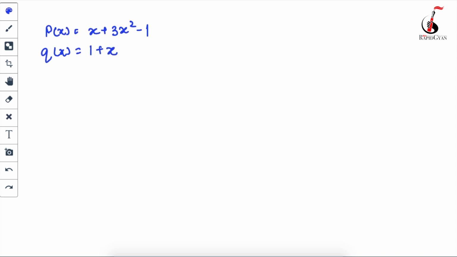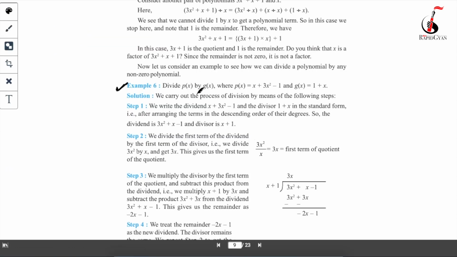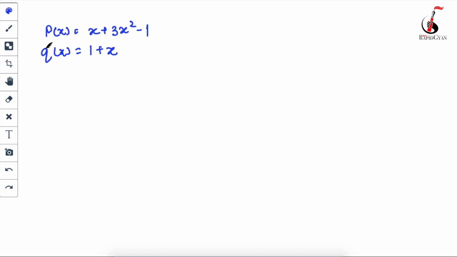Now see what the question is saying. Divide p(x) by g(x), where p(x) is equal to x plus 3x square minus 1 and g(x) is equal to 1 plus x. So this thing we will have to do. Whenever you have to divide, remember step 1: you will have to convert these two polynomials p(x) and g(x) into standard form, if they are not already in standard form.